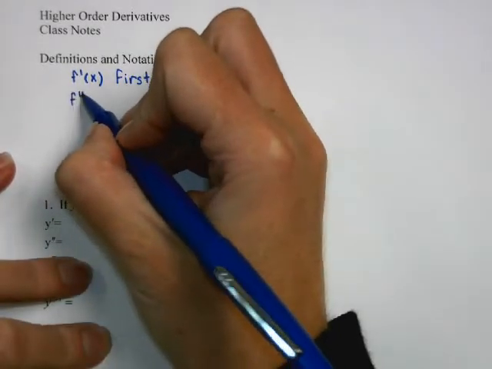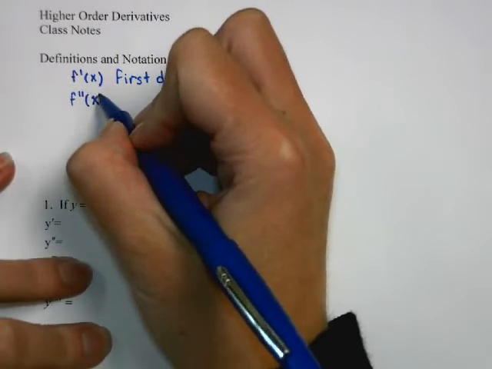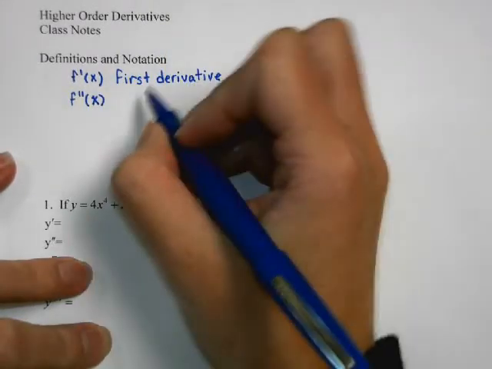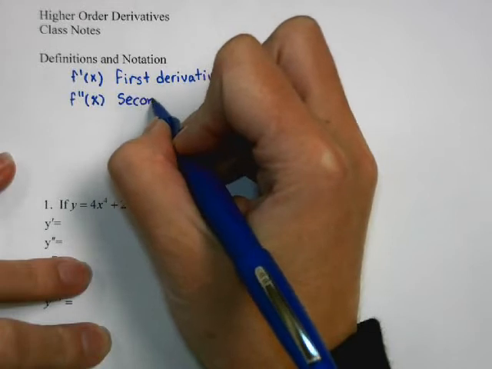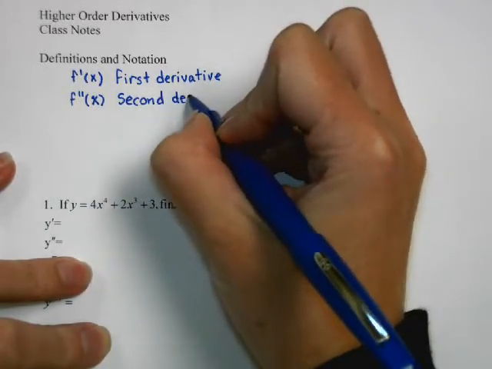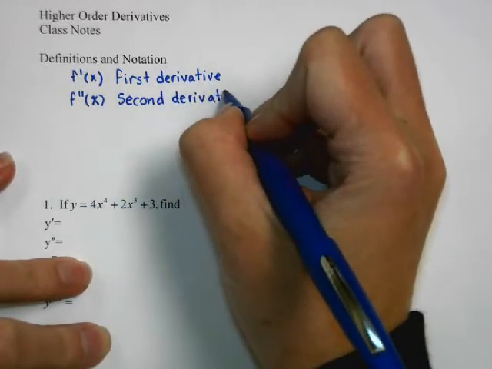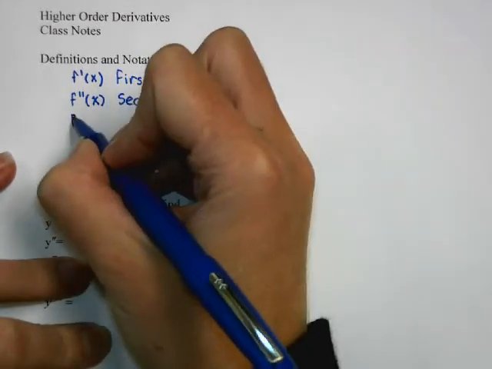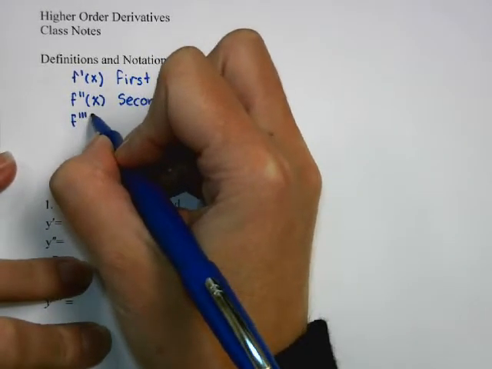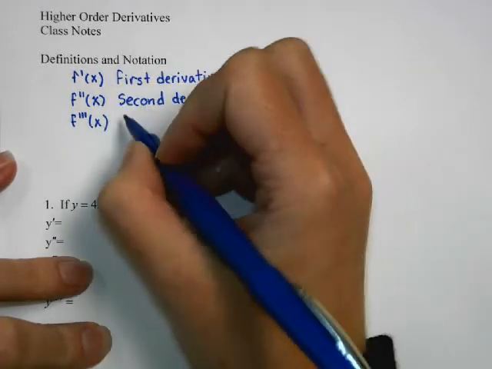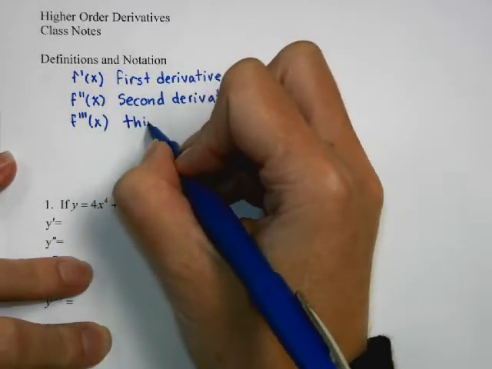The notation for the next derivative, or the second derivative, is going to be 2 dashes. So this is the second derivative. F 3 dashes is going to be the third derivative.